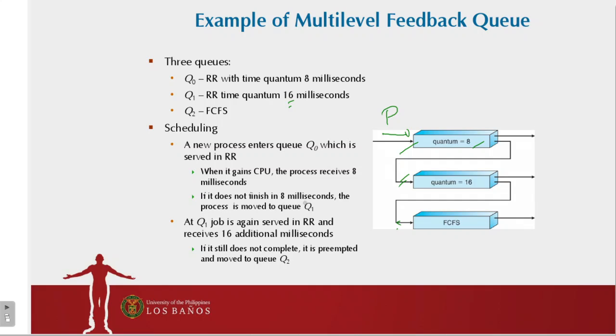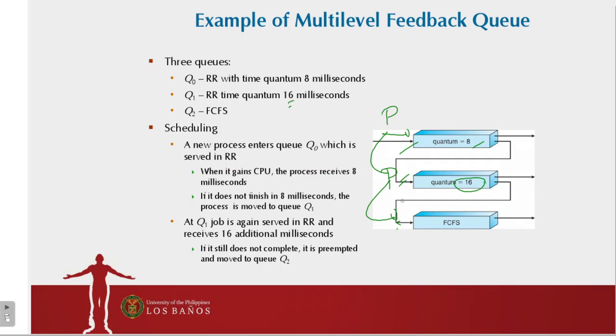If it does not finish in 8 milliseconds, then that process will be moved to the second queue, Q1 here. At Q1, the job is again served in round robin, but this time we have 16 time units. And if it's not yet completed, then it will go to the first come, first serve queue. So that's the idea of the multi-level feedback queue.